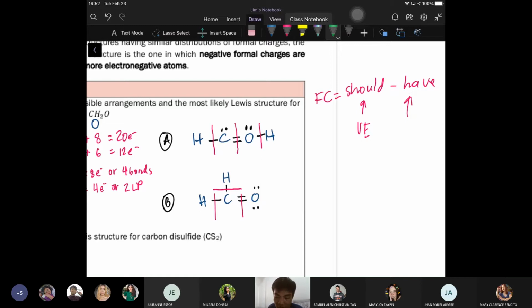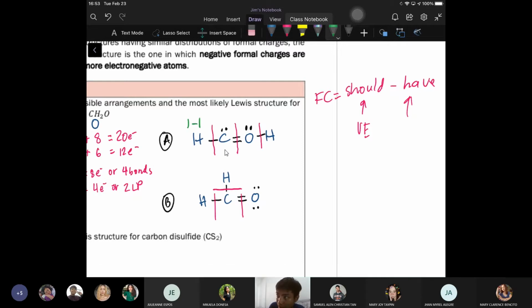Okay, so let's determine the formal charges of the atom for each illustration ng molecule, for each structure. Okay, for hydrogen, should is 1. Should kasi isa lang valence electron niya. Have ilan? Isa lang, no? So, isang electron lang dito, yun na kay hydrogen, no?